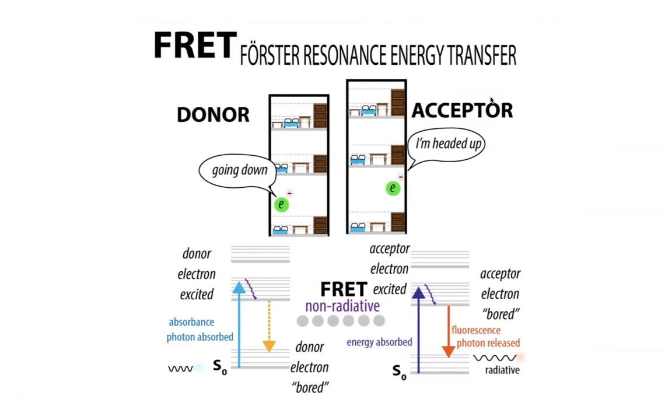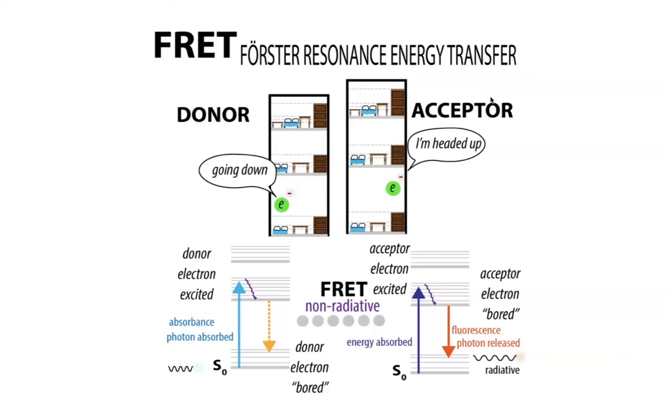So it's kind of like you have two apartment buildings, and if their elevators are lined up just right, what can happen is that when one is going down, it hops over to the other next door apartment and takes the ride up to excite that electron. So it's non-radiative transfer. The first one isn't even giving off the light. It's just getting transferred non-radiatively, not through light, to that second molecule.